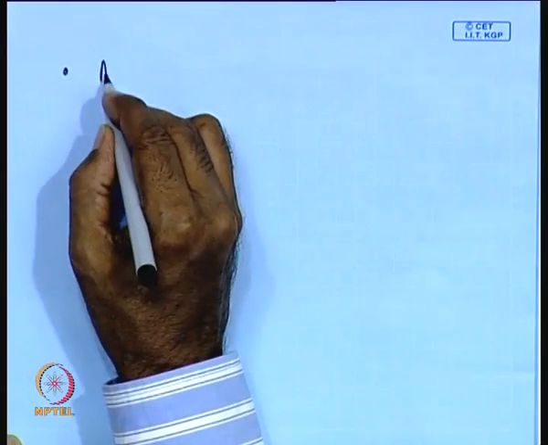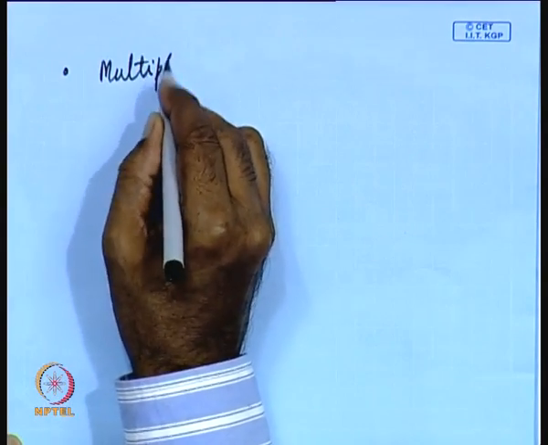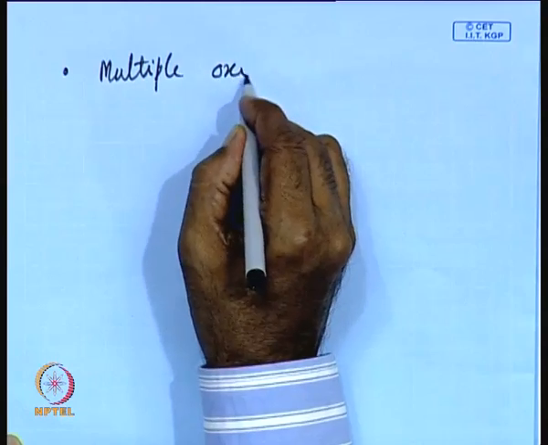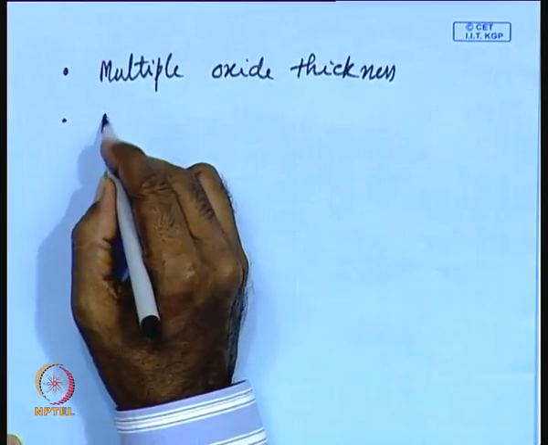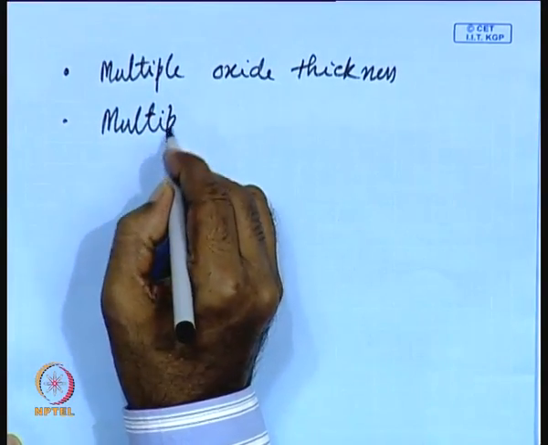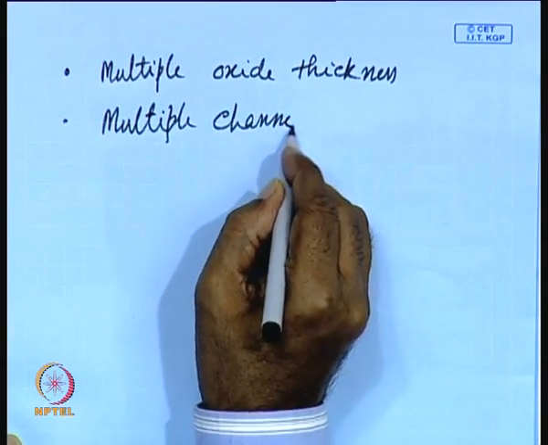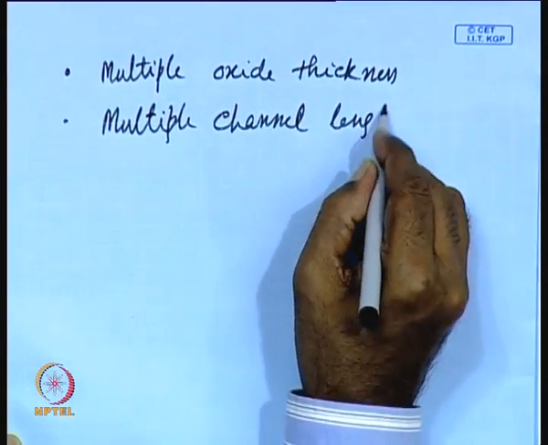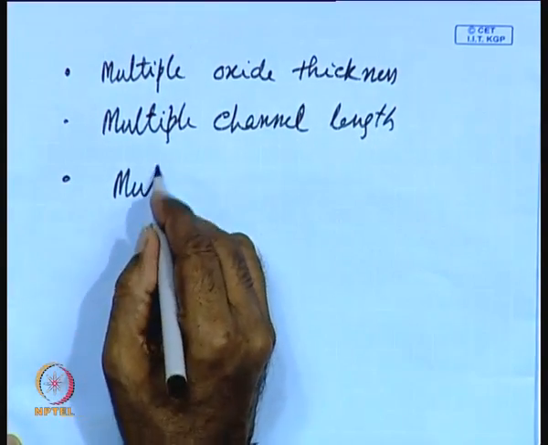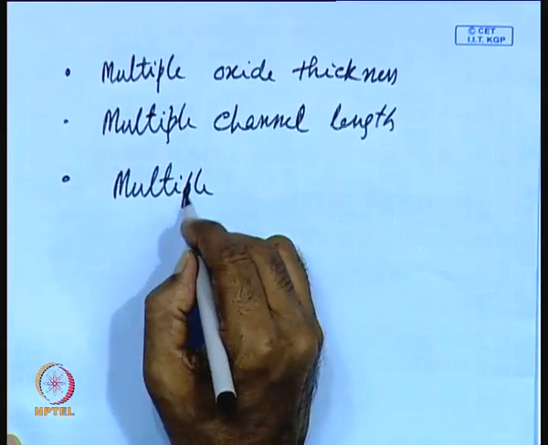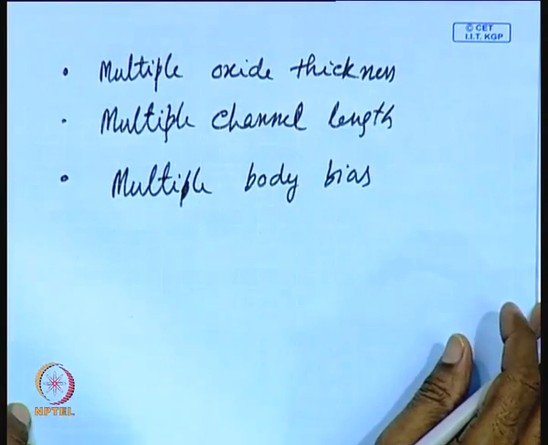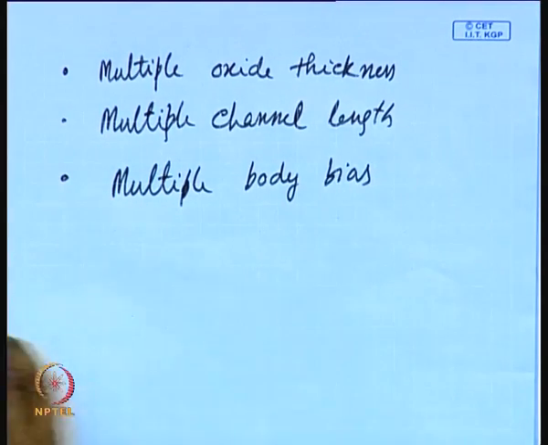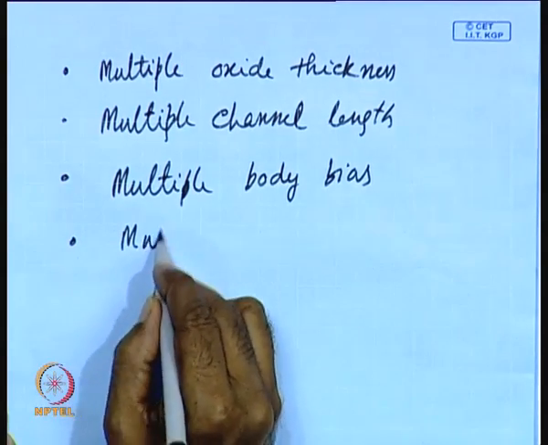So, the various techniques are, number 1 is multiple oxide thickness, it can be multiple channel length, you can use multiple body bias, so these are some of the techniques that I mentioned, and also you can do multiple channel doping.